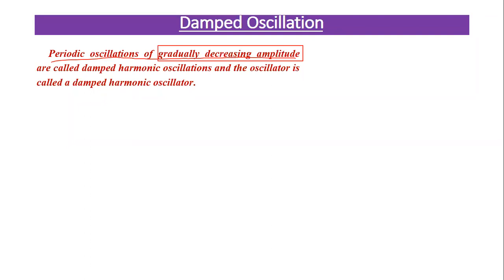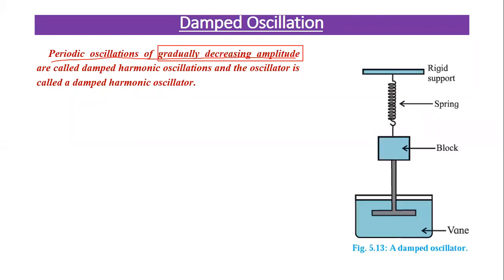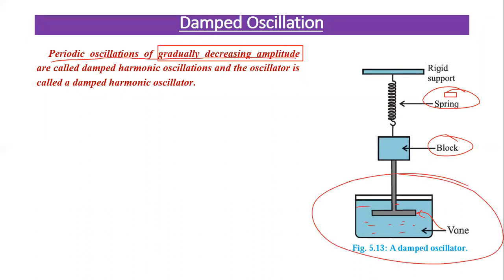Now you can see the diagram also. In the diagram, this is a spring. This is a block, and here some liquid is there. In that liquid you can see this vane. When we give oscillation to the block, if this vane is absent, then the block starts oscillating to and fro.